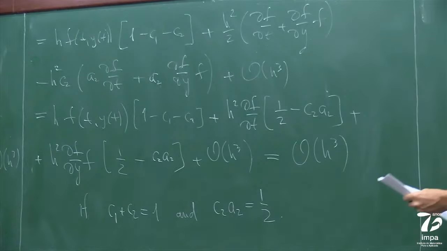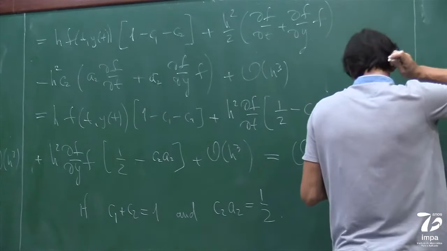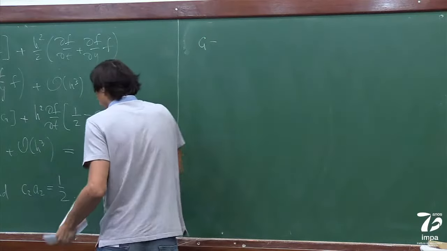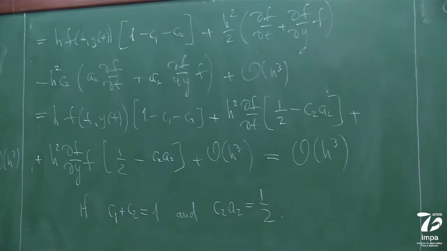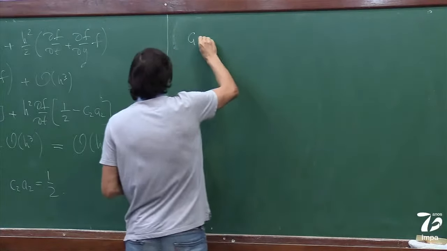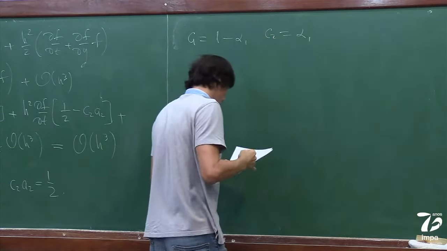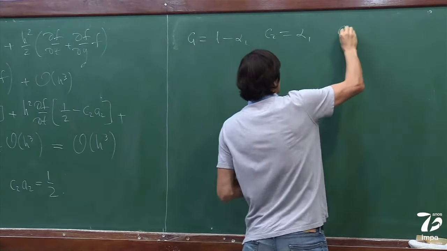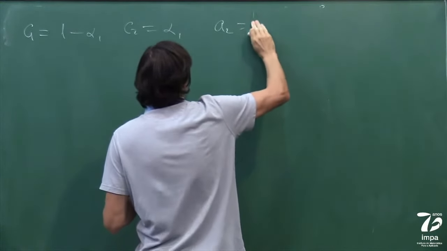So in other words, we can just say that there are two equations with respect to three unknowns. So one coefficient is free. So let's take C1 to be 1 minus alpha, C2 equal alpha, and then A2 becomes, from the third equation, 1 over 2 alpha.